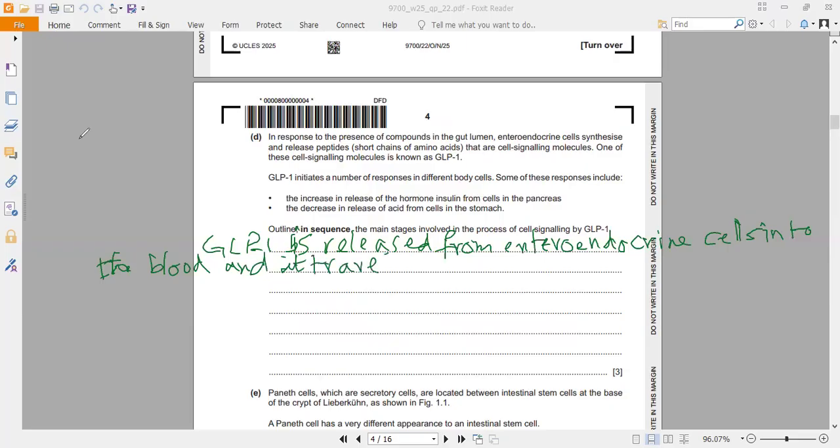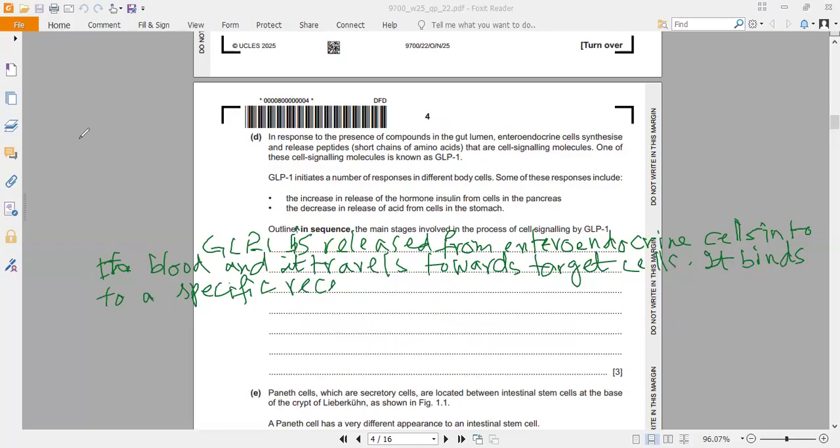It travels towards target cells. It binds to a specific receptor located on the external surface of the cell.